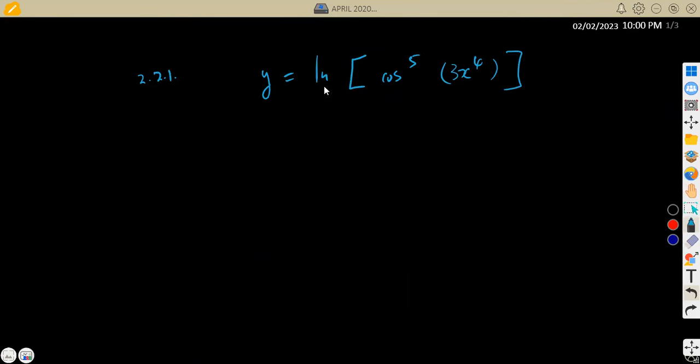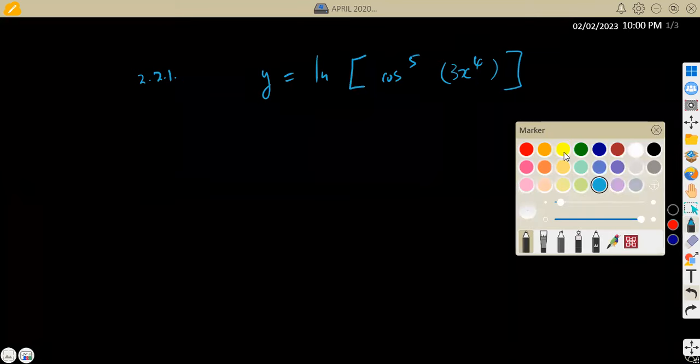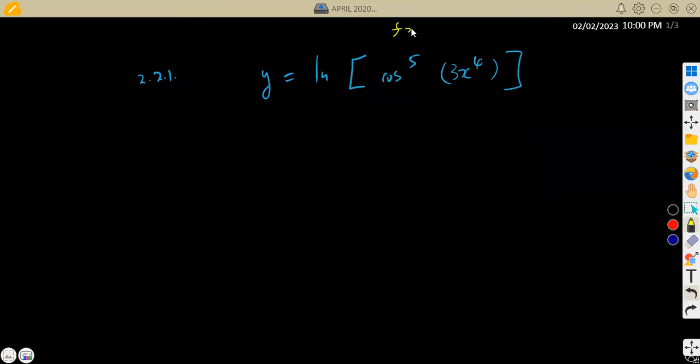We want to find the derivative, but there is a ln. If it is ln f of x, where f is a function with respect to x, the derivative of y with respect to x for ln is the derivative of f(x) with respect to x over f of x. That is what you're supposed to have from ln.